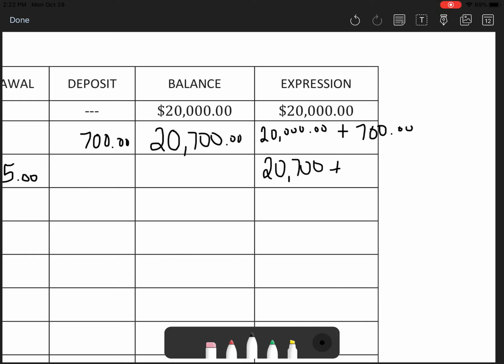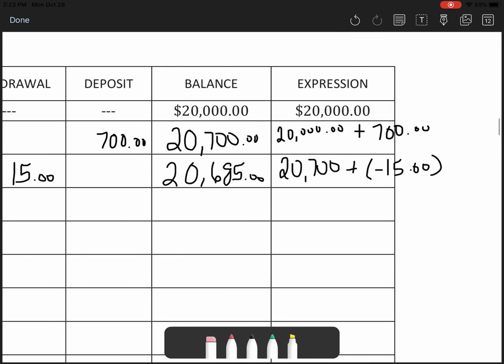It's a withdrawal, so it's a negative number, so I'm going to plus negative $15. I do the math, and my new account balance is $20,685 and no cents.